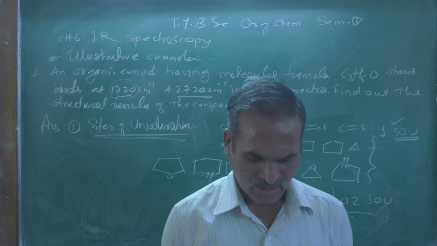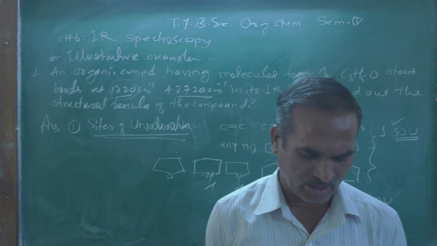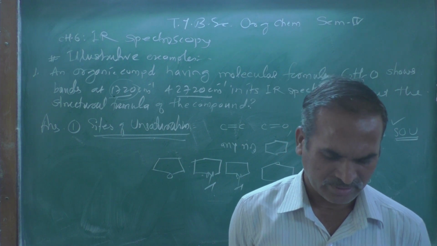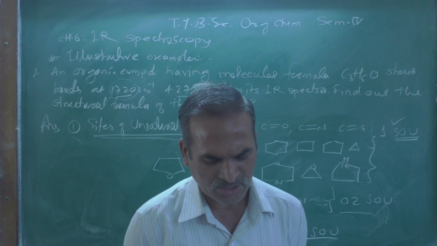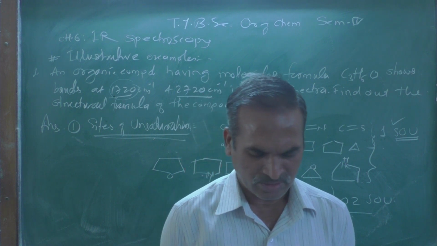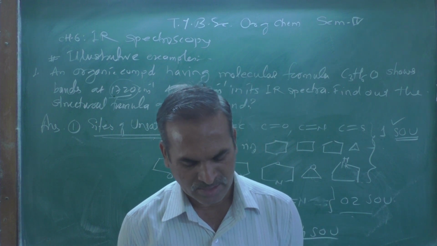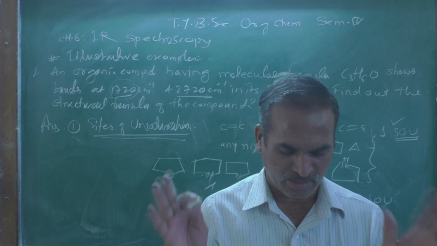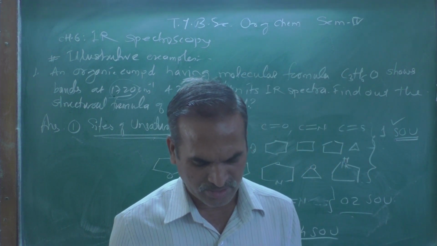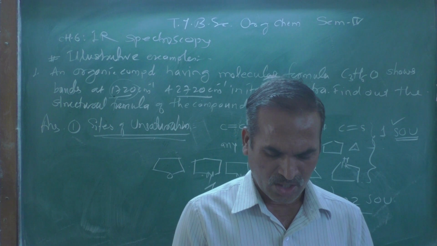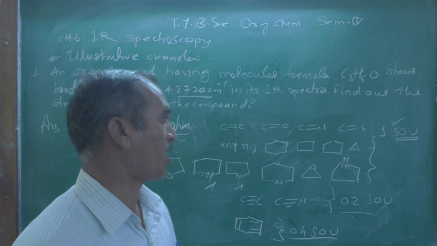Thus the combined information of UV, IR and PMR makes it much easier to find out the structure of an unknown compound. Sites of unsaturation: method number 1 we are going to discuss. This method is most commonly used. According to this method, the following changes are made.